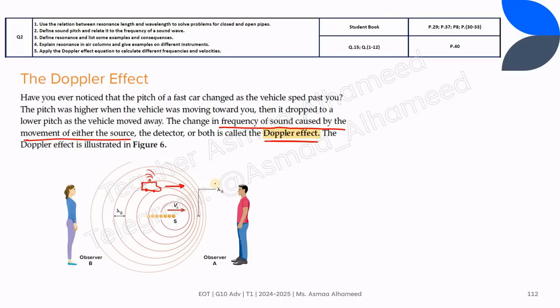In this case, what do you hear? You hear a high pitch sound. So this means that you hear a high frequency. But if you are on the other side, you will hear a low pitch, a low frequency. So the Doppler effect talks about objects moving with a sound, either towards you or away from you.